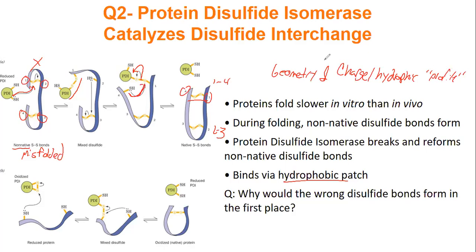So let's say there's a protein in your cell that every time it's made, it will always form the wrong disulfide bond, because it's coming out of the ribosome, right? And let's say when it's coming out of the ribosome, there's a cys here and a cys here. And since they're always close in proximity, these two cys's will form a disulfide bond, and you don't want that to happen.